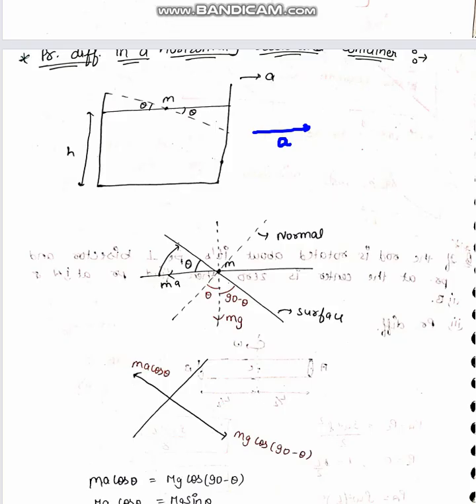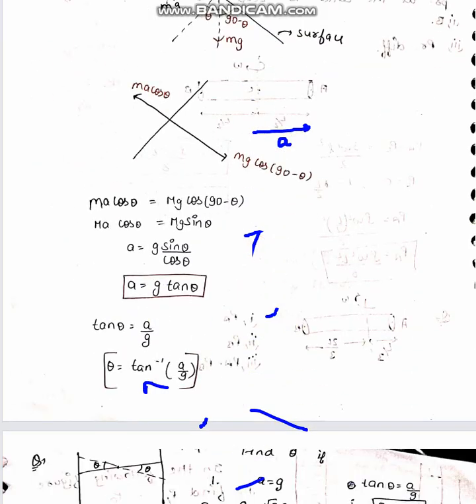Suppose the surface makes an angle theta with the horizontal, then this is the surface and this is the normal. Along the surface we have forces as m a cos theta and m g cos of 90 minus theta. Equating these we get a equal to g tan theta, or tan theta is equal to a by g. So theta comes out to be tan inverse of a by g.